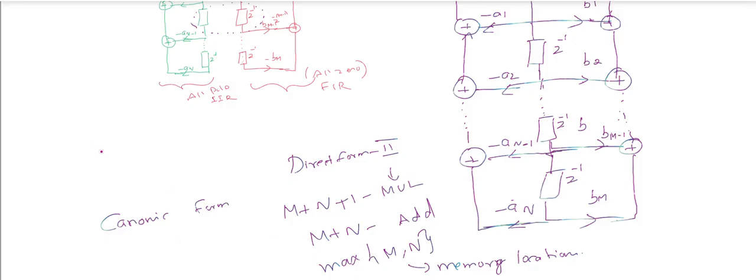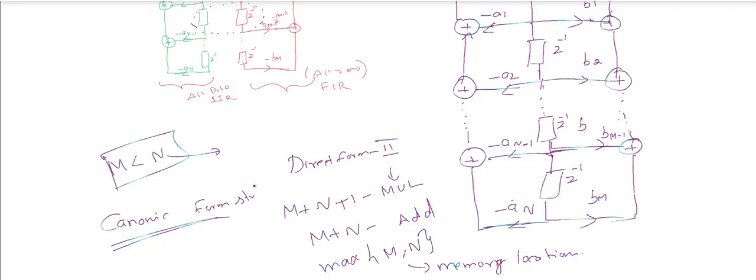Normally the condition is m should be less than n. So in the canonic form, the number of poles is equal to the order of the system. What do you mean by canonic form structure?